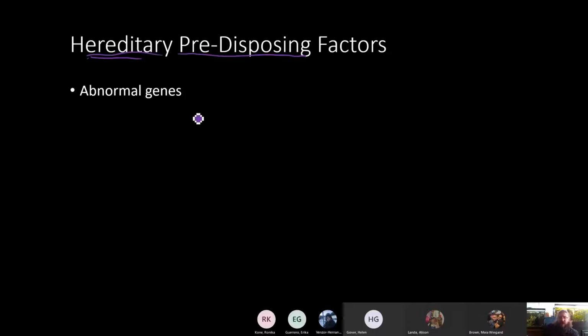So abnormal genes. There are genes that make it more likely, so genes that increase the chances of specific cancerous mutations.